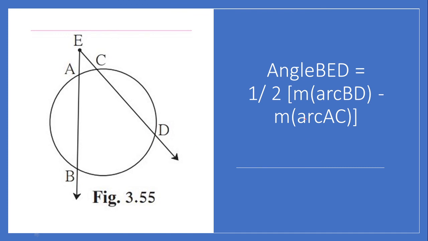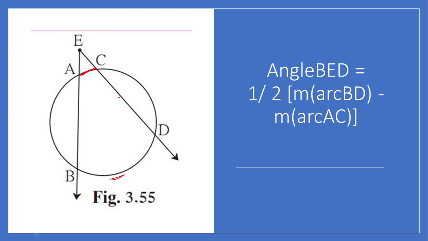Then for angle BED, see what is the change in the figure. The point E is lying in the exterior, and you have two arcs, one is this and one is this. Now when you want the value of angle BED, you have to take the difference. In the last case we took the addition.